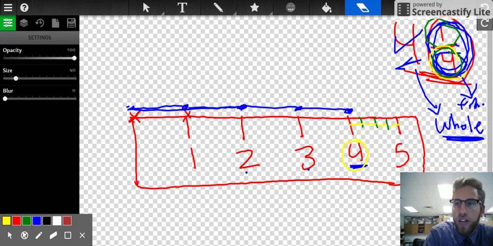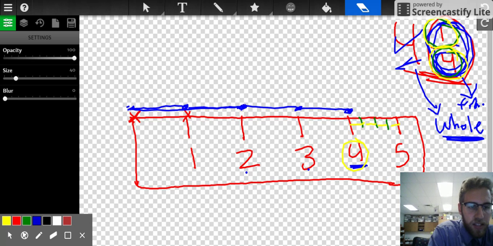So I did make 4 equal spaces by drawing those green lines. And since I've made my 4 equal spaces, it tells me just to count one of those. So that's what I'm going to do. I'm just going to count 1, so over to right here. So altogether this would be 4 1/4, because I have my full 4, and then I've got my 1/4. 1 out of these 4 parts.